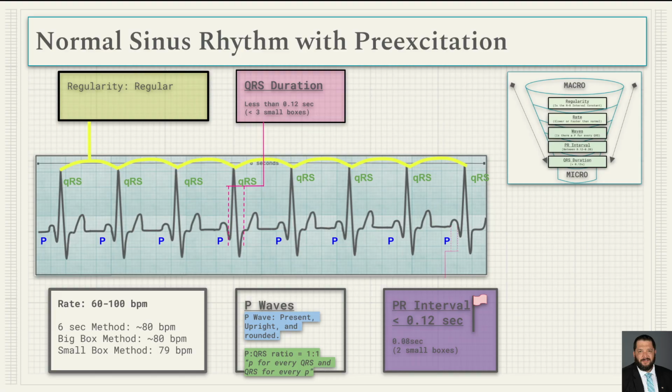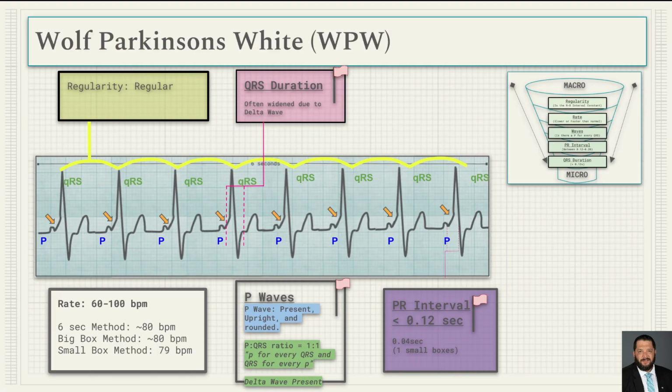There are several syndromes that have shortened PR intervals. One of the most common that we'll talk about in paramedic school is a syndrome known as Wolff-Parkinson-White syndrome. Wolff-Parkinson-White has the P wave that mushes itself into the QRS complex, creating a delta wave appearance to the QRS complex.